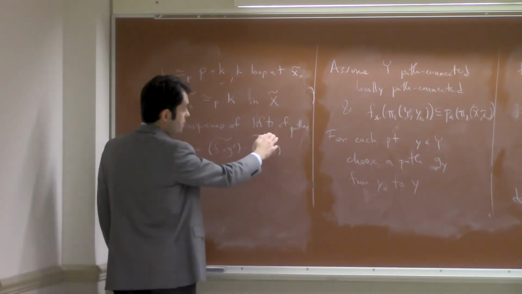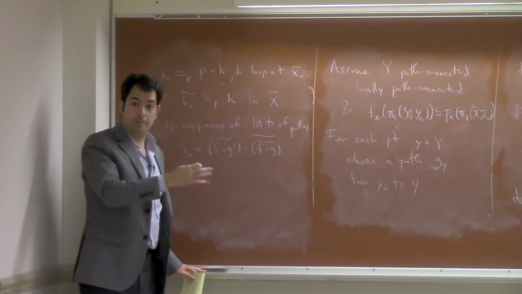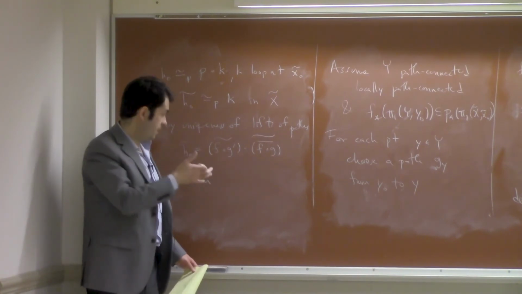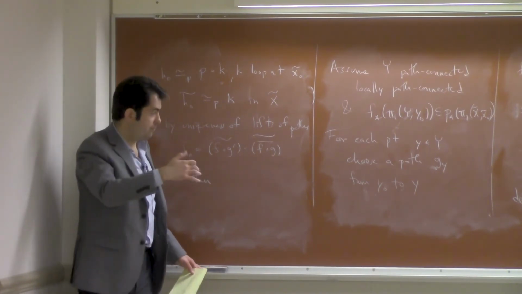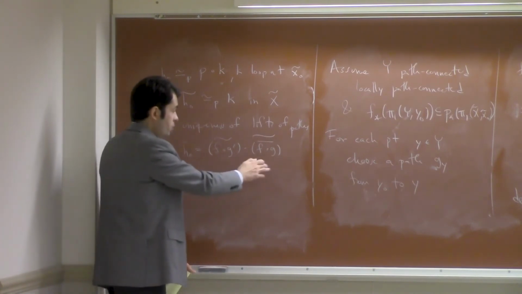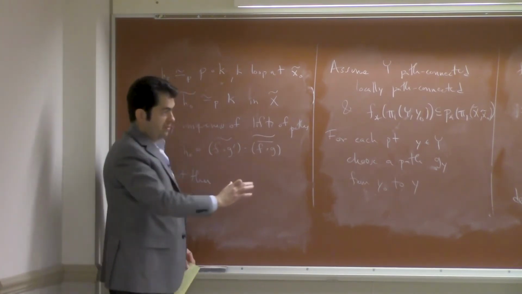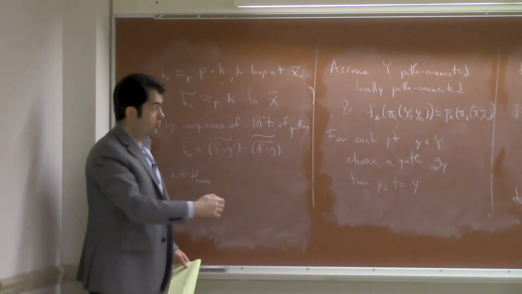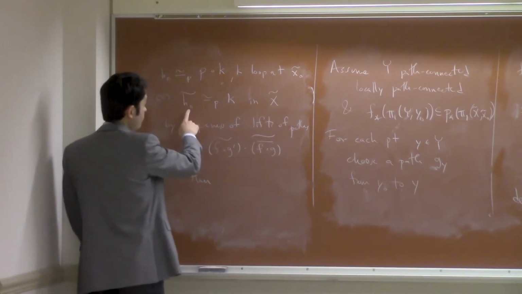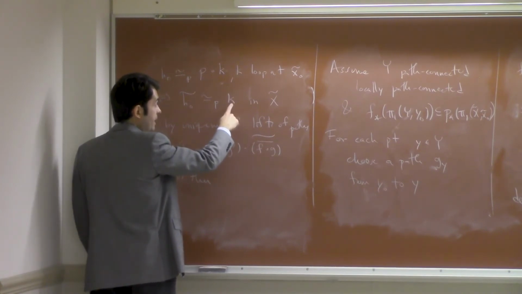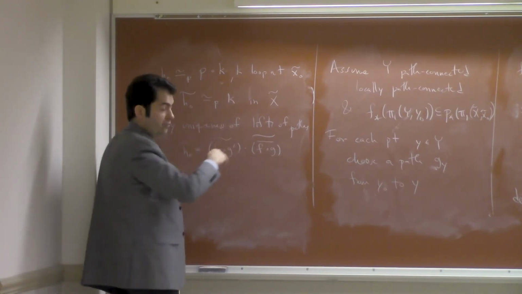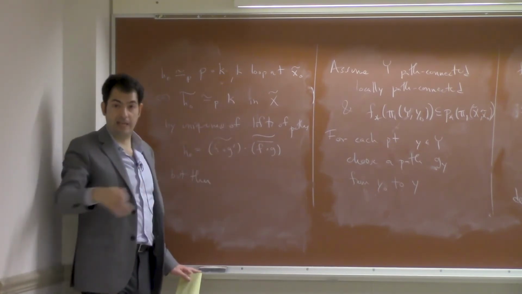If you like, think of taking the first half of h naught and lifting that, and similarly lifting the second half of h naught. Uniqueness of lifts tells you that those two lift to be the corresponding halves of k, the first half of k and the second half of k.